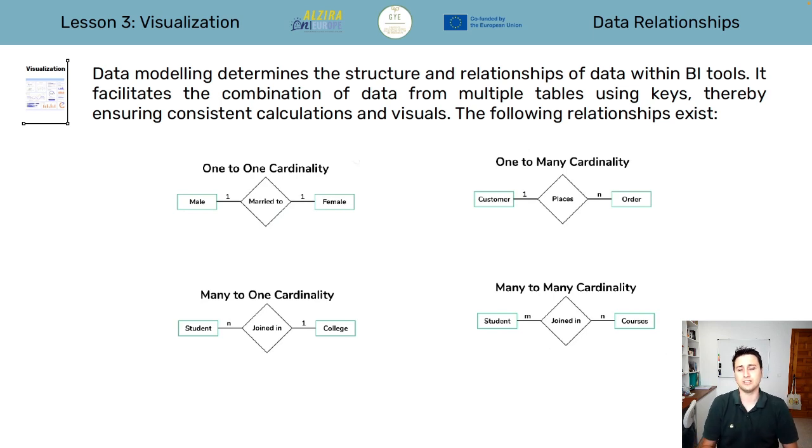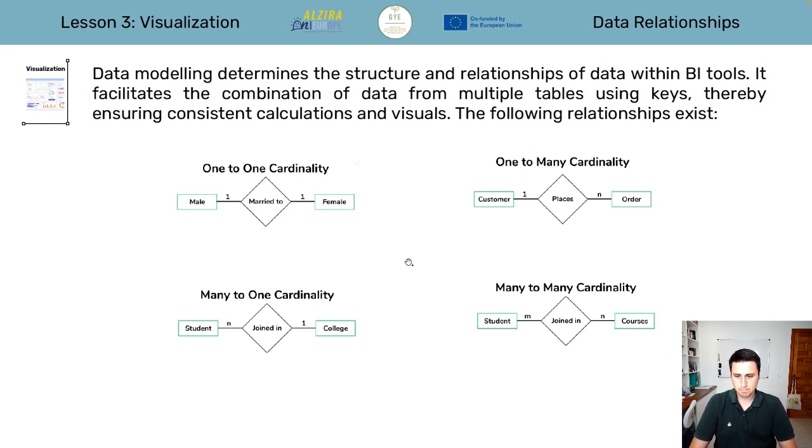So one customer is related to several rows in a table, which represent different orders made by the same unique customer.